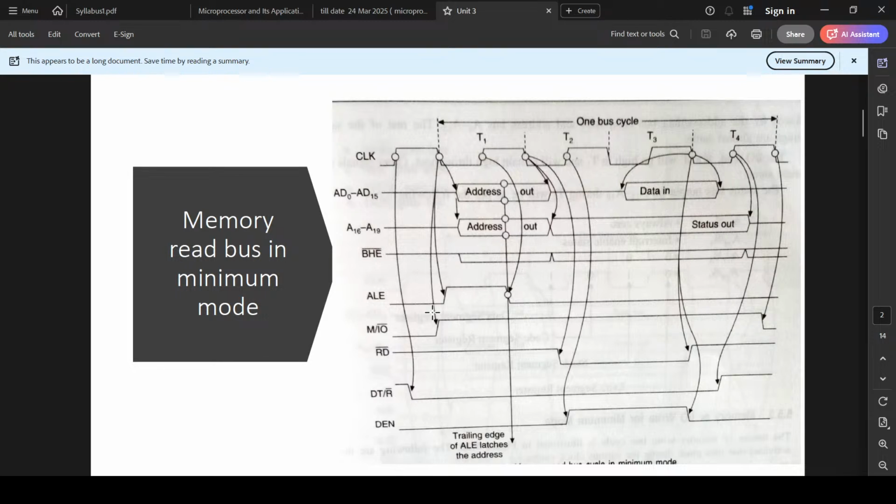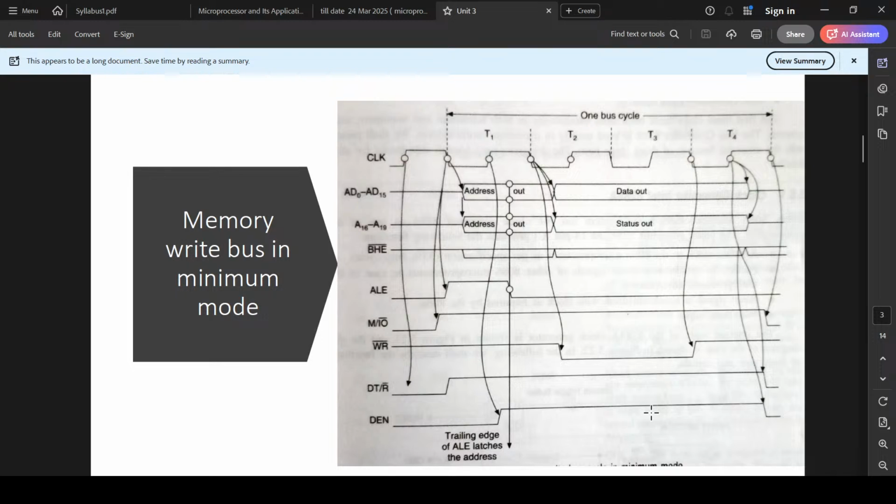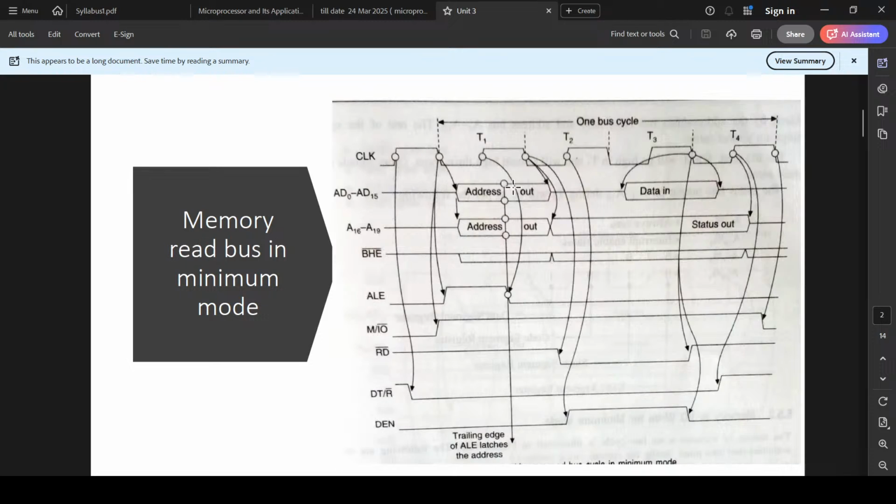BHE is here, ALE, read, DT/R, DEN. And in the memory write bus, data in becomes data out, status out is there, everything else is the same, I think.